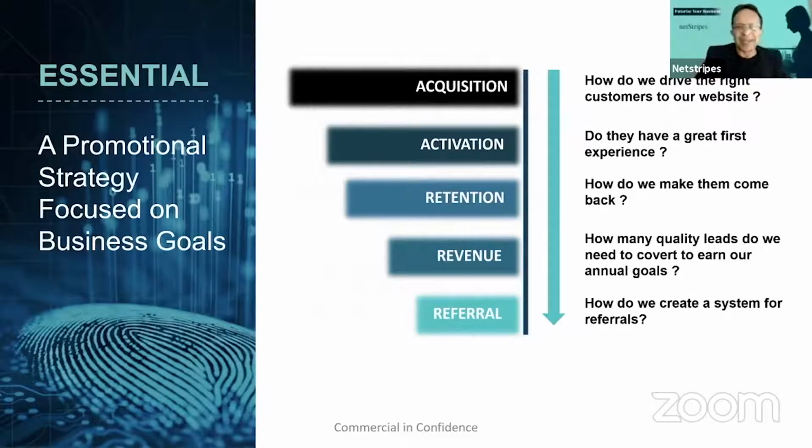But often we get caught up with life and we forget those websites that we meant to buy from. And we may remember one or two because they made more sense to us. So how do we make these customers come back? We need to have a strategy. Often social media can do it, but there are other ways of doing that too, and I'm going to cover that. How many quality leads do we need to convert to achieve our financial goal?